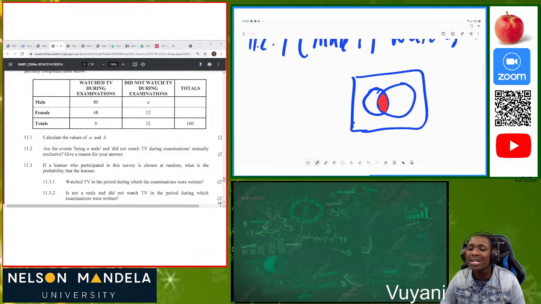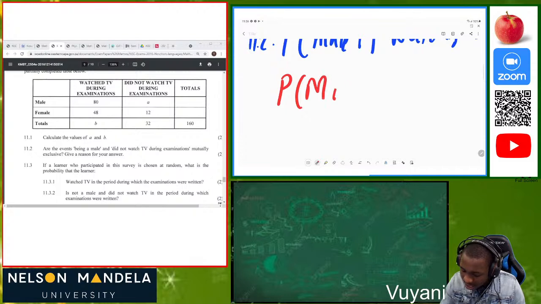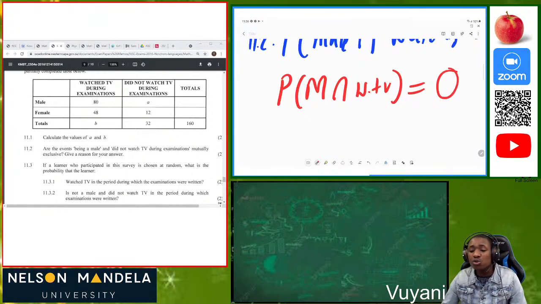In other words, they don't intersect. So the probability of male and watch TV must be equal to 0 if they are mutually exclusive, because they don't intersect, they don't even happen together.